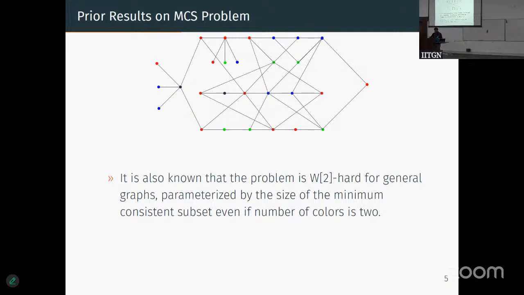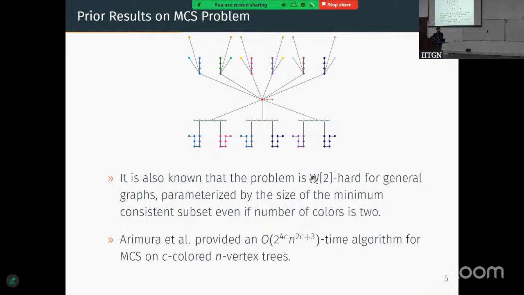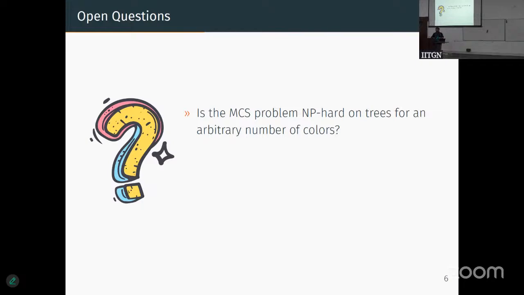The algorithm works on the vertices and the number of colors.